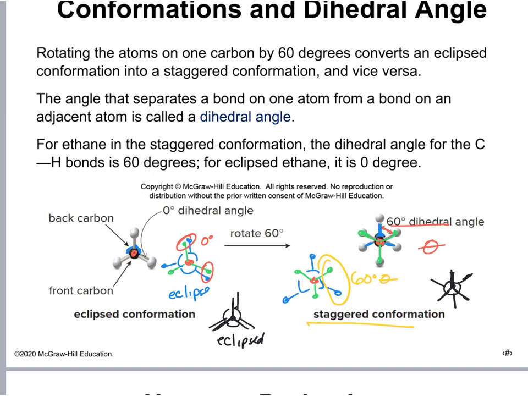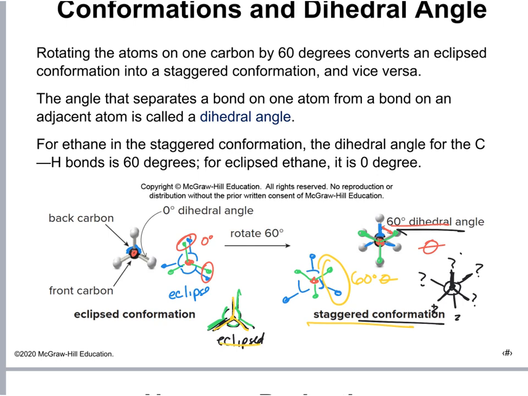Okay, and then you can go and put whatever the substituents are on here. This is always going to be the staggered conformation. You see how the dihedral angles are 60. This is always going to be the eclipse where they're kind of close together. And you notice that these lines in the back connect to that back circle. Okay, that's important. The ones in the front are going to connect to the front.